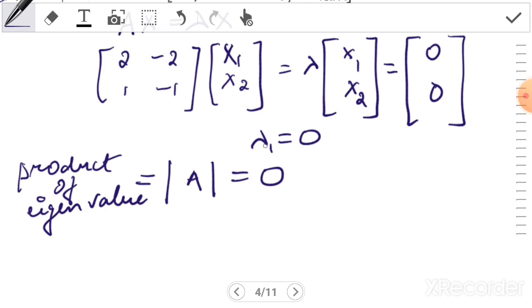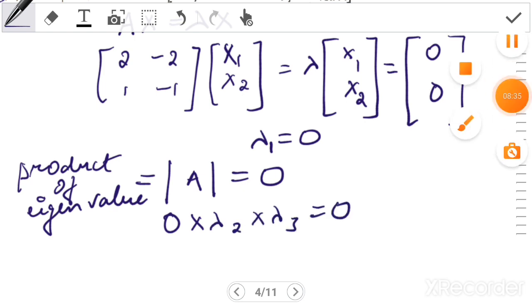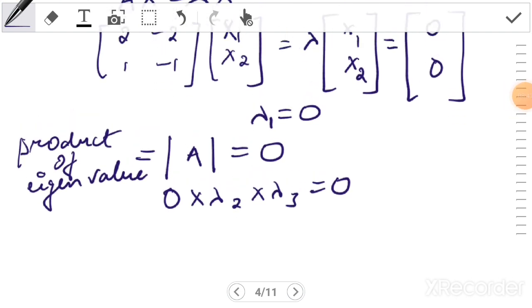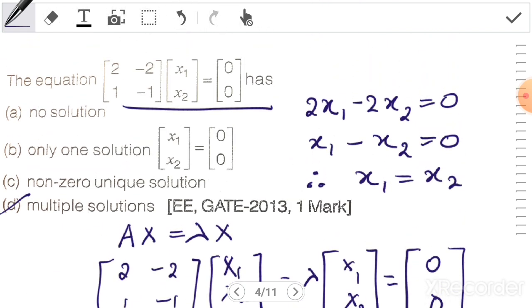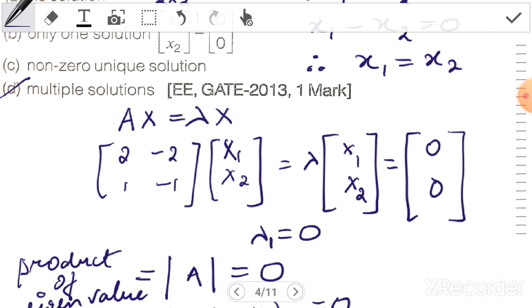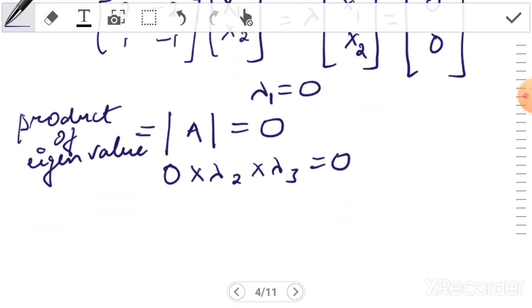So we can say lambda 1 into lambda 2 into lambda 3 is equal to 0. Since the determinant is 0, rank cannot be equal to 3. Rank cannot be equal to 2 in this case, since this is a 2 cross 2 matrix, and this matrix cannot have a unique solution.